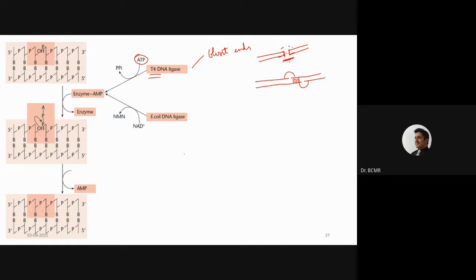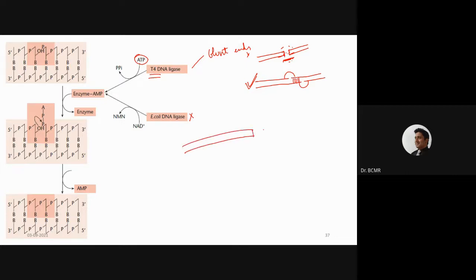That is why T4 DNA ligase, which is derived from the T4 phage, can ligate even blunt ends effectively, whereas E. coli DNA ligase is not so efficient in ligating blunt ends, but does a good job with sticky ends.